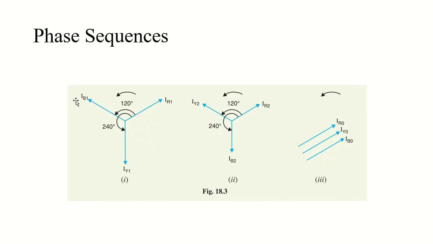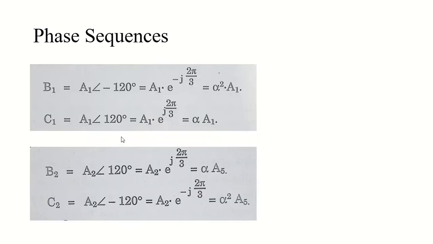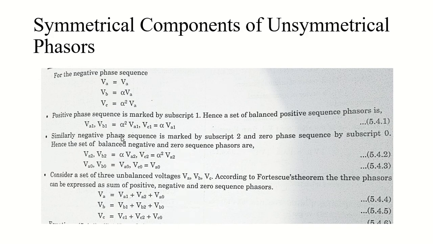This is A, this is B and this is C, the positive sequence, R, Y, B. It starts from here and completes its cycle in a clockwise manner, and the angle between this and this is 120, but this and this is 240. So you can take VA equals VA, VB equals alpha square into VA, and VC equals alpha into VA.